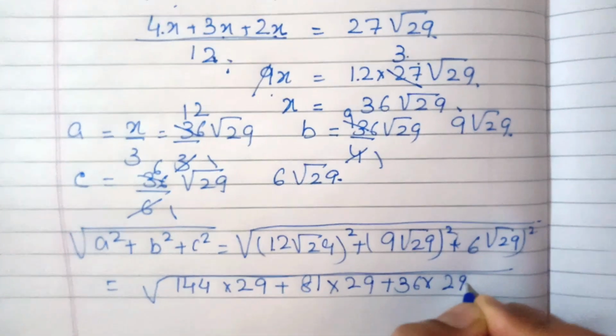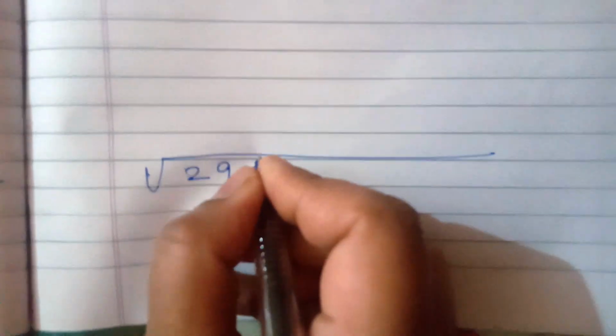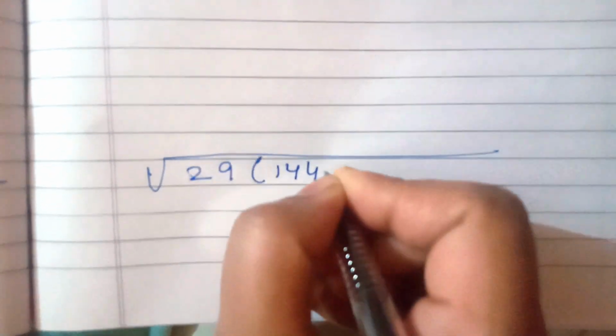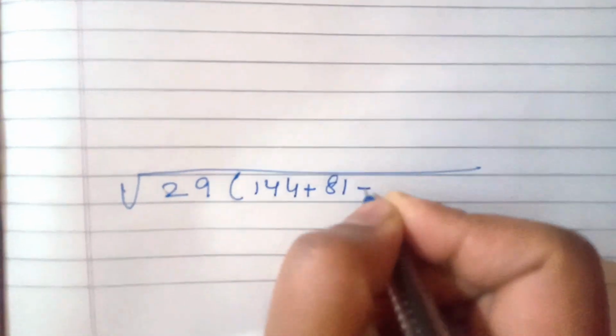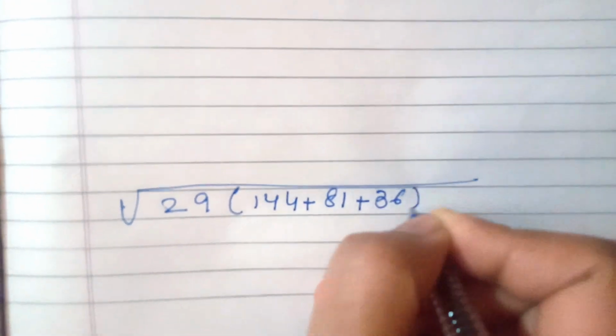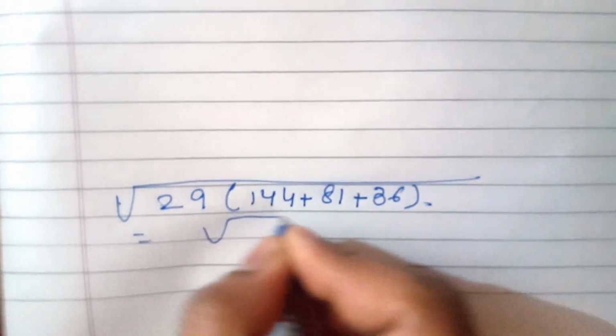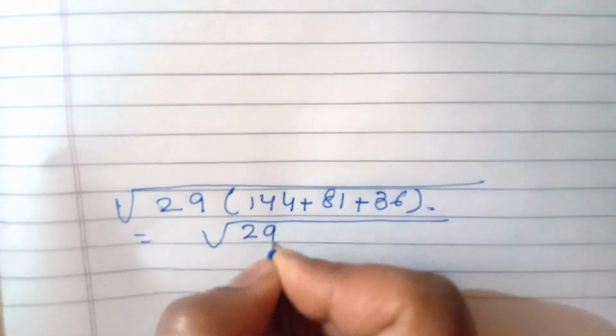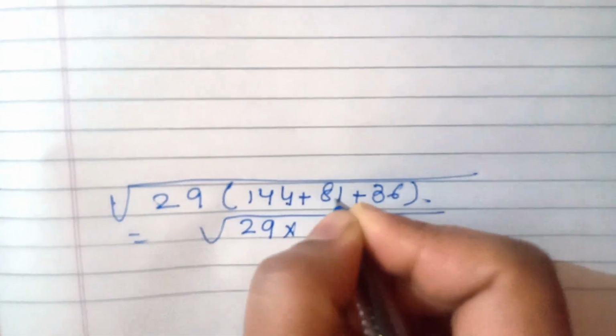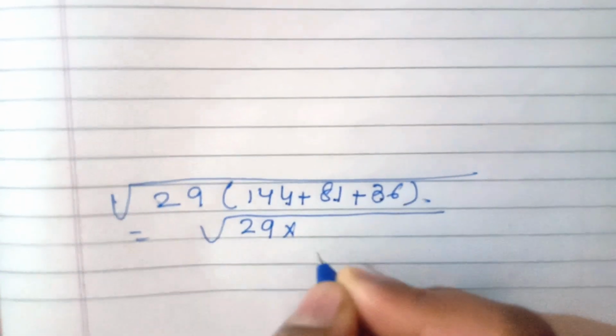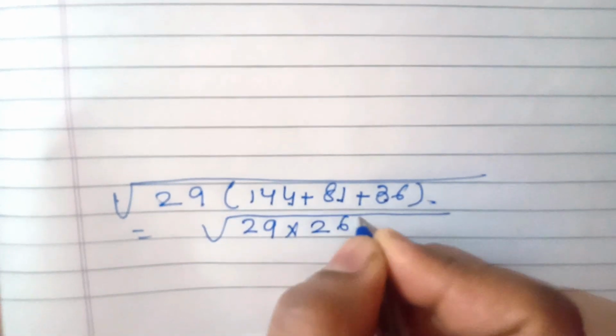Then 29 can be taken as common from all three, because here we get 144 plus 81 plus 36. So it will be 29, and on adding 144 plus 81 plus 36 we get 261.